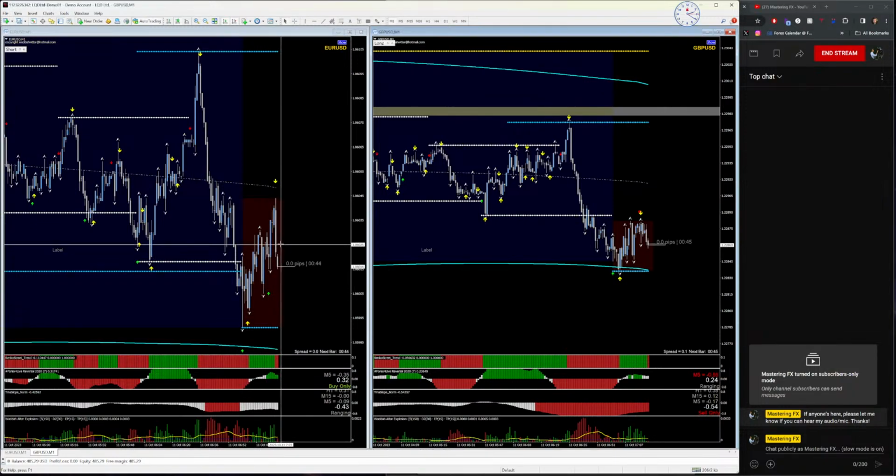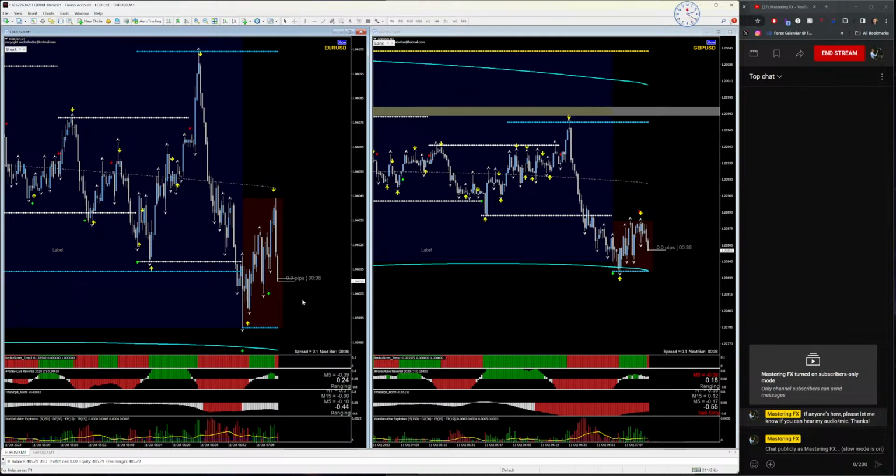And another fair value gap that is not respected. Yep, just broke below it. So in this case, it hasn't touched the band yet either, so I would like to see that first. Right here is still red, so no entry yet.